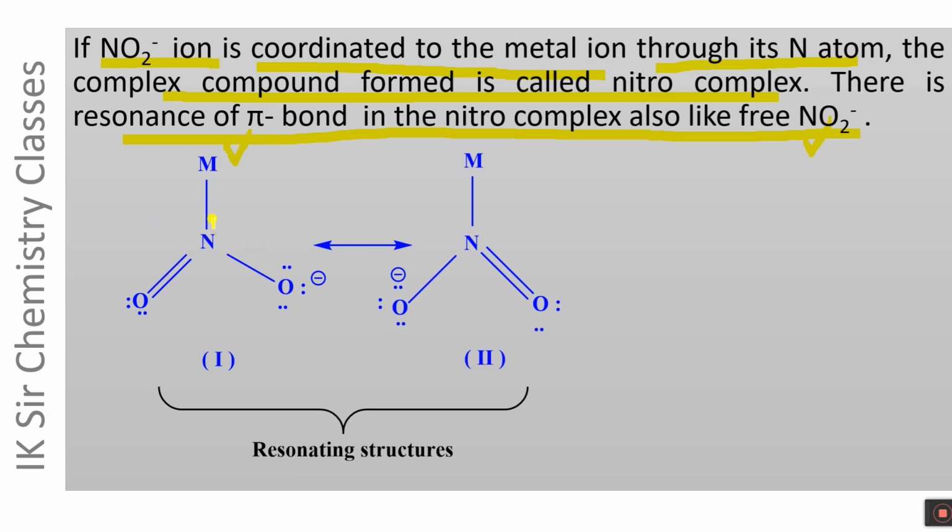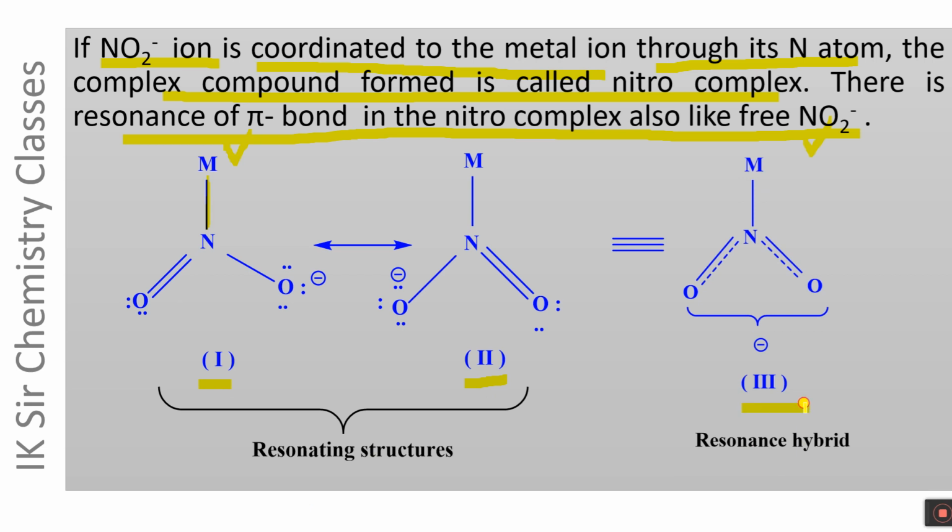NO2 minus ion is coordinated to the metal ion through its nitrogen atom, and there is resonance of pi bond in the nitro complex also. 1 and 2 are resonating structures for the nitro complex, and their resonance hybrid is given as 3.